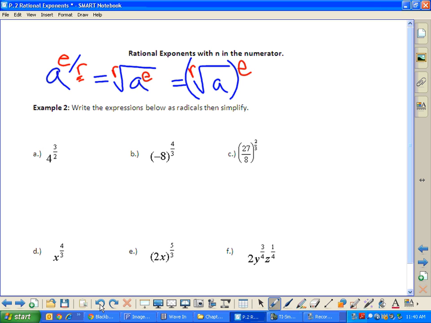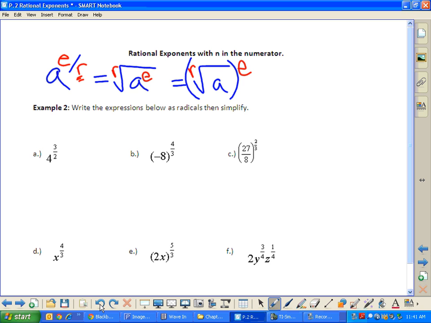So, again, it's still a two-step process anytime you look at one of these problems. The first thing you do is you write it as a radical, and then you simplify that radical. So I'm going to apply both definitions for a to the e over r. You're going to see the case where sometimes one works better than the other.